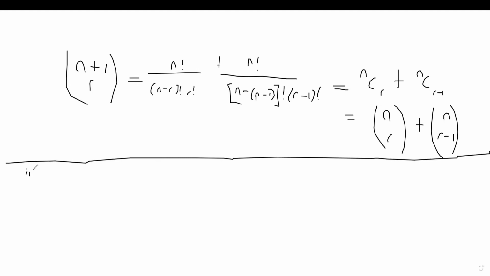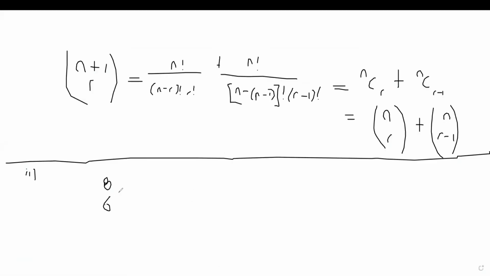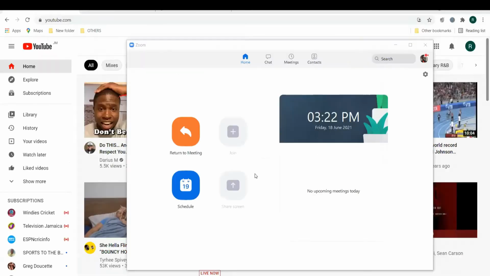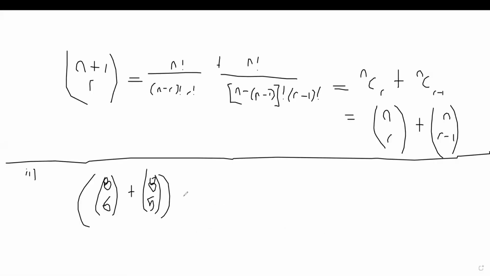We need to show that 8 choose 6 plus 8 choose 5, the result of this, is multiplied by 8 choose 3 plus 8 choose 2.